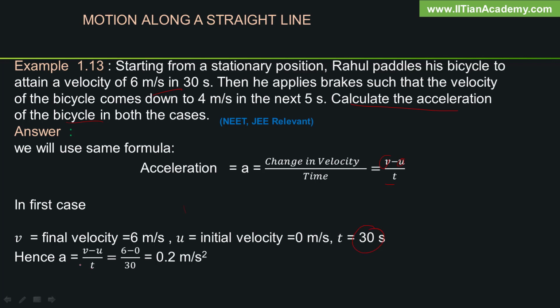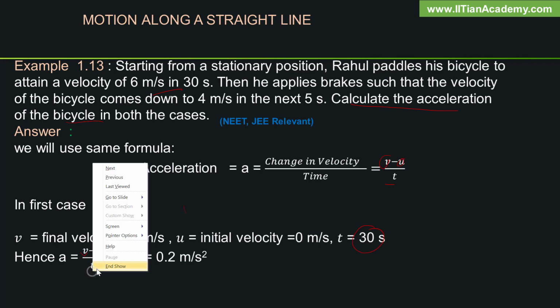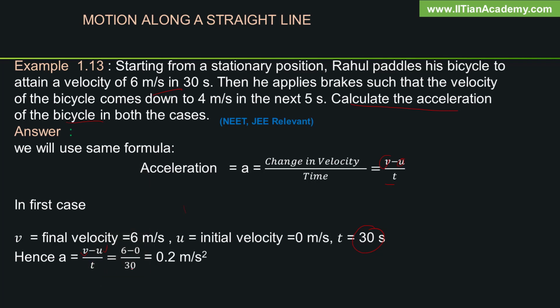Hence, acceleration is calculated as final velocity minus initial velocity divided by time taken. Hence, acceleration is calculated as 0.2 meter per second square. Second case is calculated in next slide.